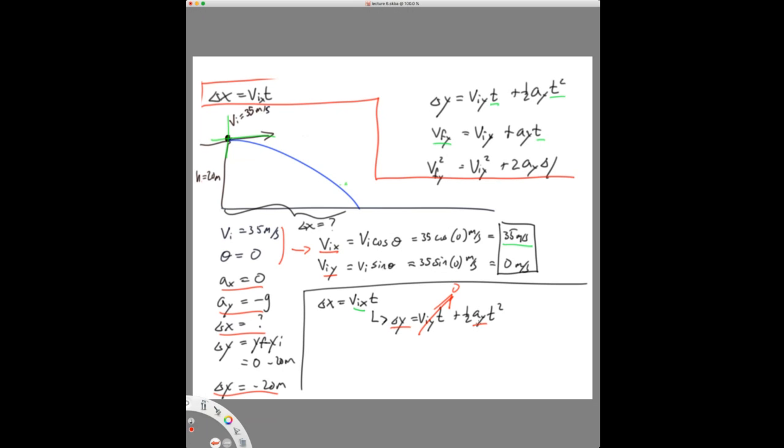We know AY, and we know 1/2. So it's very easy for us to solve this for T squared, or for T. It's not even really necessary to use a quadratic formula because this piece canceled out. We just multiply both sides by 2 and divide both sides by AY. And this is T squared.